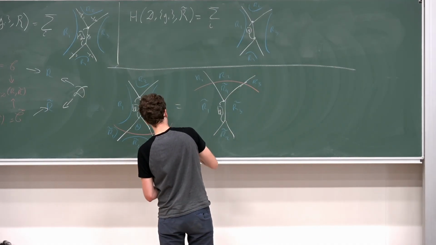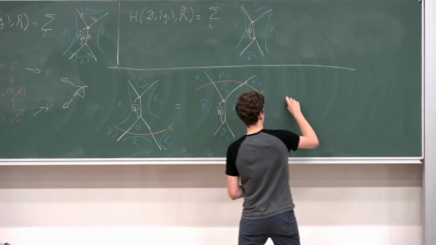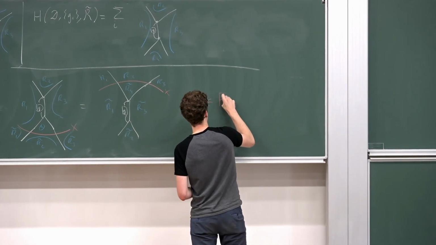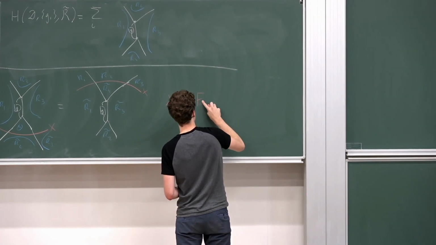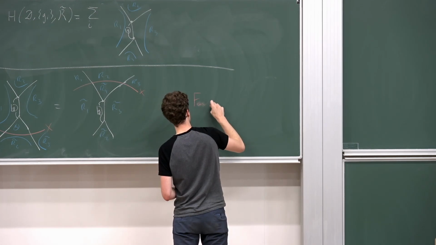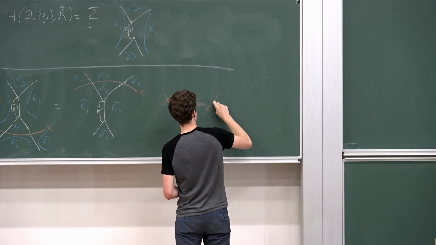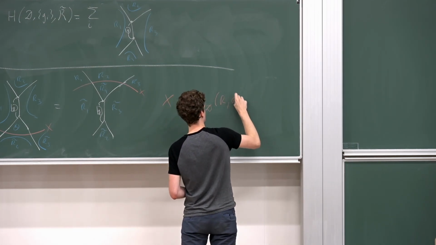This thing is labeled by X. And this X is an element of this category Fun_D from R to R.